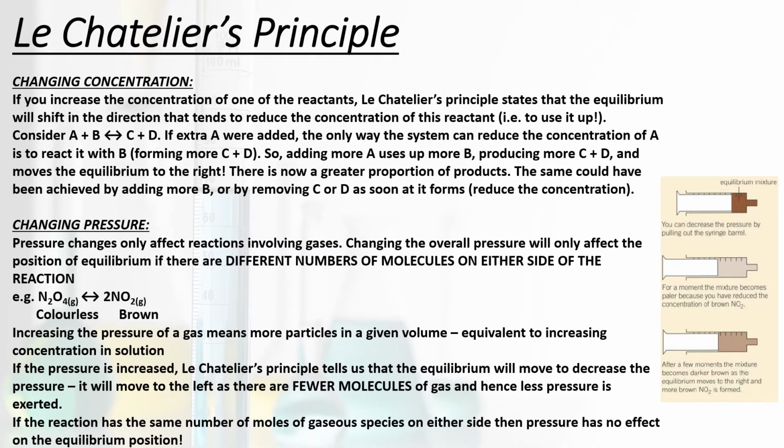So let's look at some examples of changing some conditions. The first one being if we were to change concentration. So if I increase the concentration of one of the reactants in my reaction, Le Chatelier's principle states that the equilibrium will shift in a direction that tends to reduce the concentration of this reactant, i.e. it will shift in the direction that uses up that excess reactant.